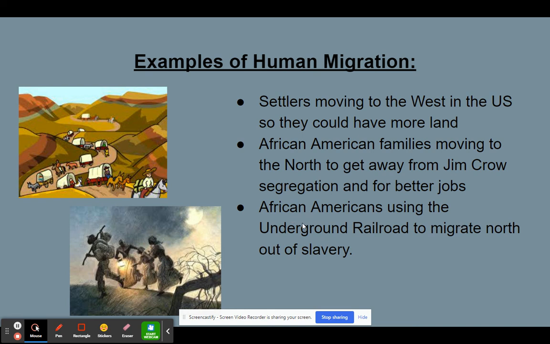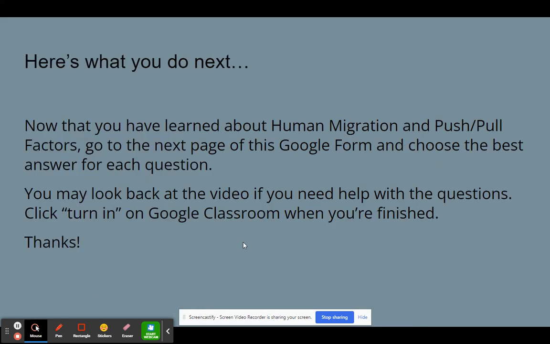Another example of human migration is African Americans using the Underground Railroad to migrate north and leave slavery behind. So there were also people who migrated this way. It just had to be more secretive and not really known about at the time, but it's an example of human migration.